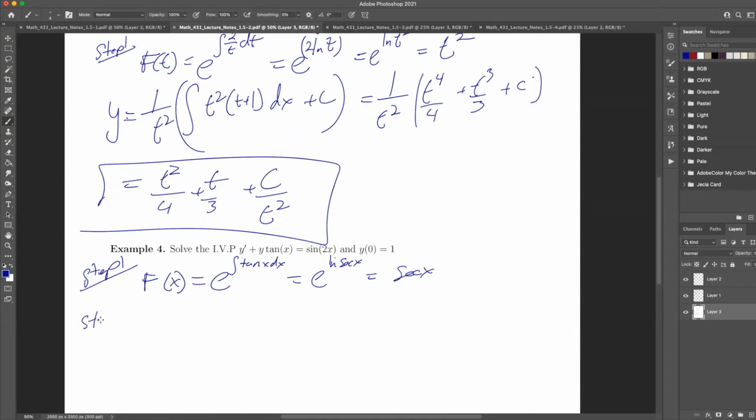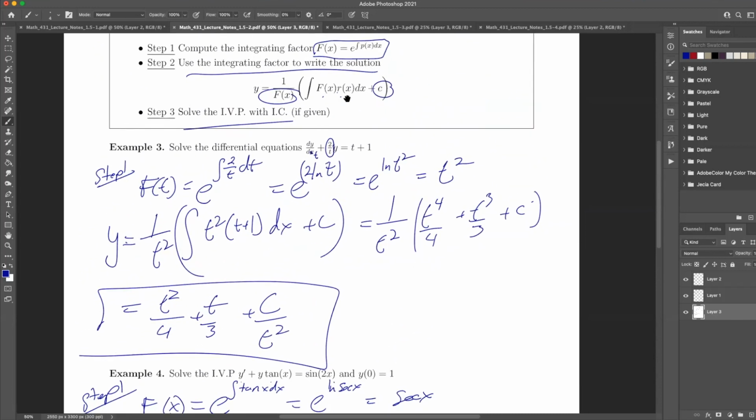So step 2: y is equal to 1 over secant x, because that's what my integrating factor is, times the integral of f times r.